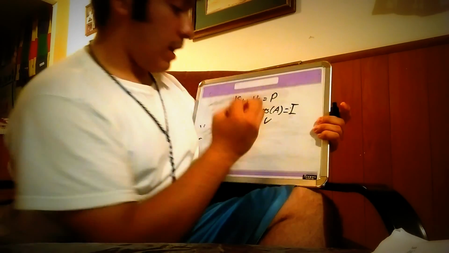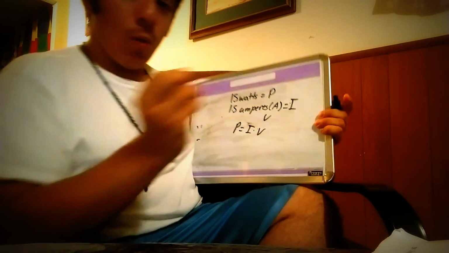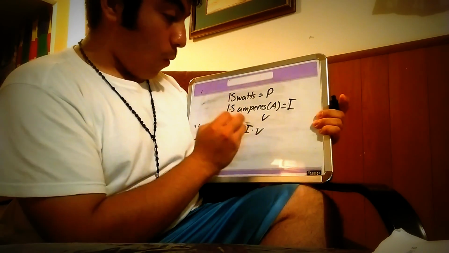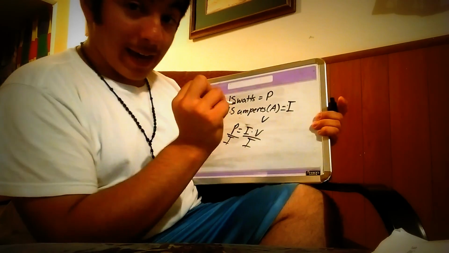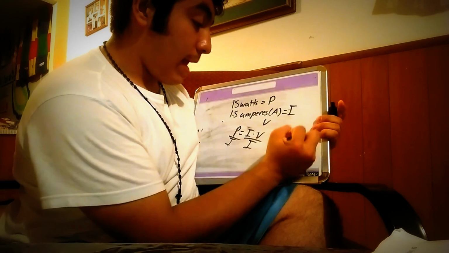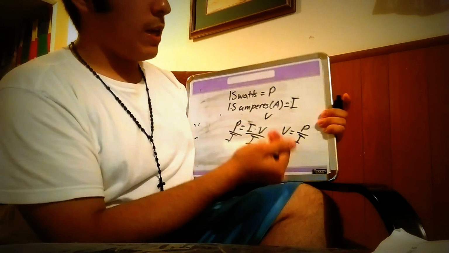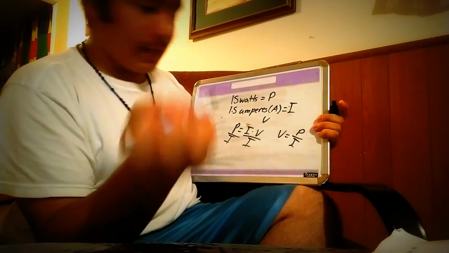So in the equation, it is power equals I times V. So what we do here is we divide by I on both sides. So we get V equals P divided by I, or voltage equals power divided by amperes, or current, whatever you want to call it.